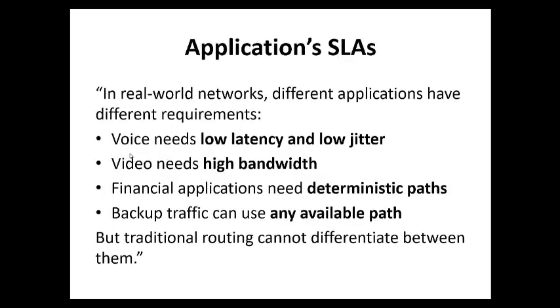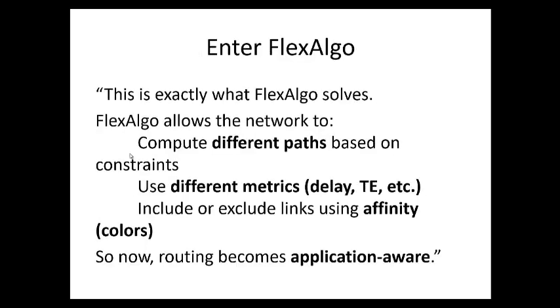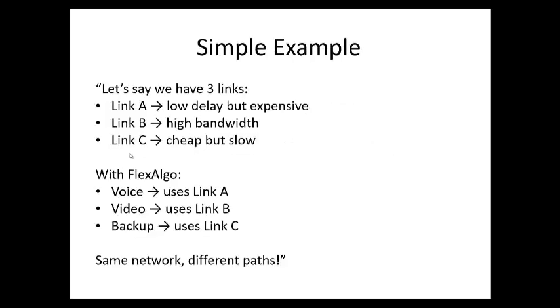As we saw here, voice needs low latency, low jitter. Video needs high bandwidth. For example, here we have three links. Link A, low latency but expensive. Link B, high bandwidth path. Link C, cheap but slower.